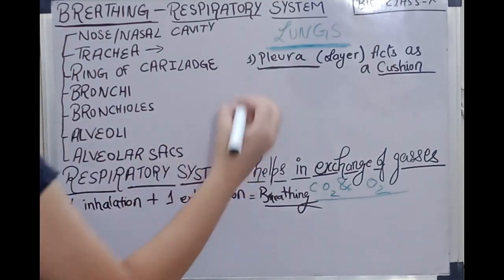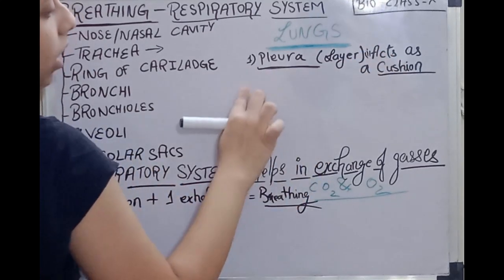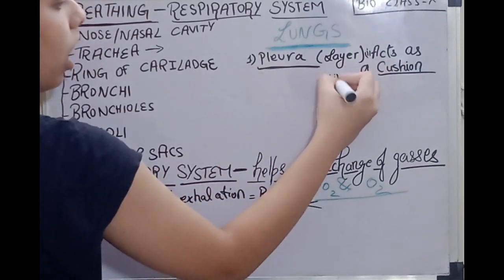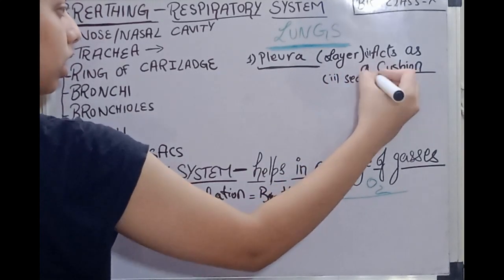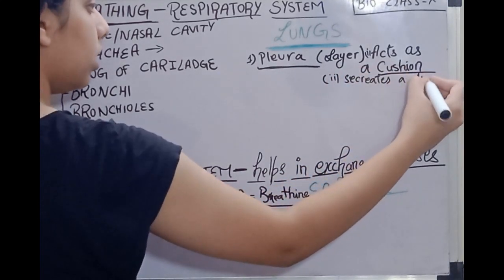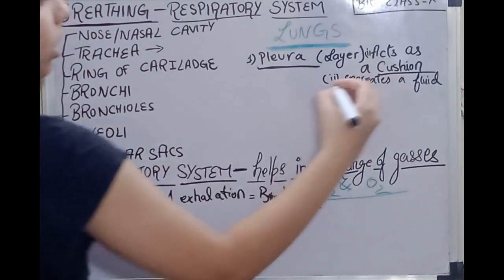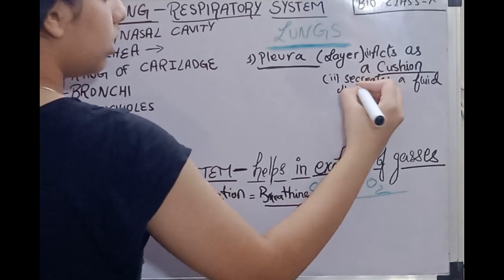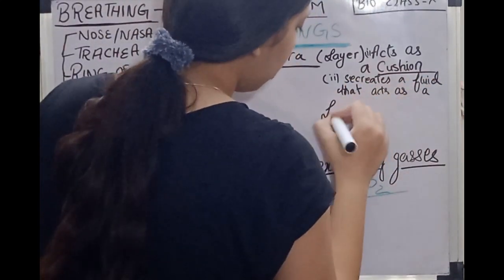One more thing that this pleura is doing, ये तो first function हो गया. The second function of pleura is: it secretes a fluid.